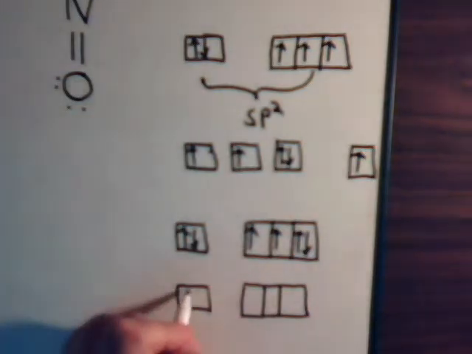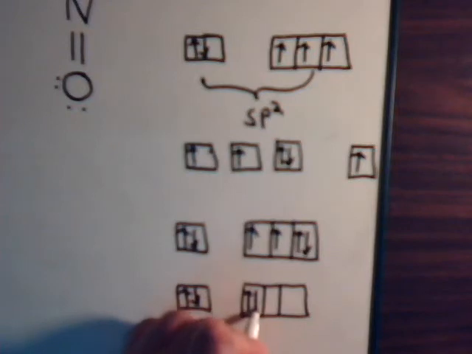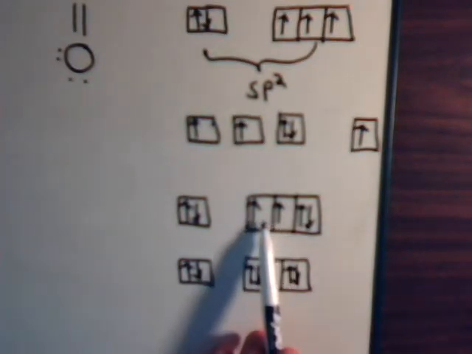This is not the more energetically favorable state, but we can have this, where these have paired up to share a single orbital, and we have an empty p orbital.